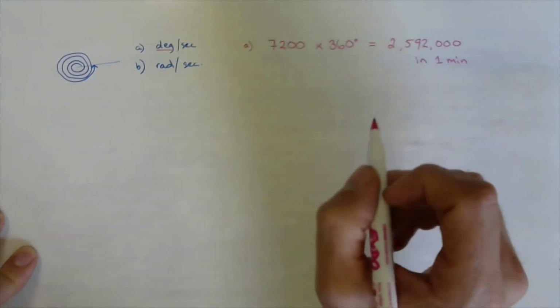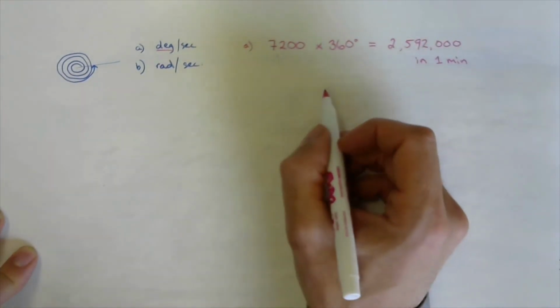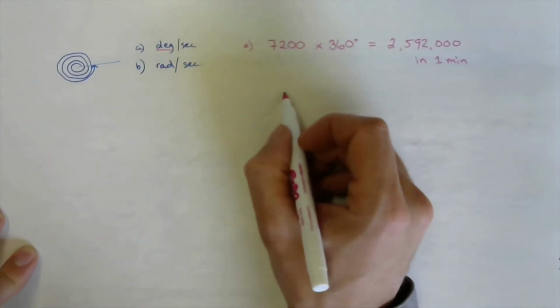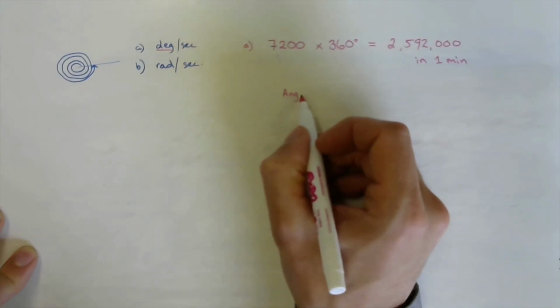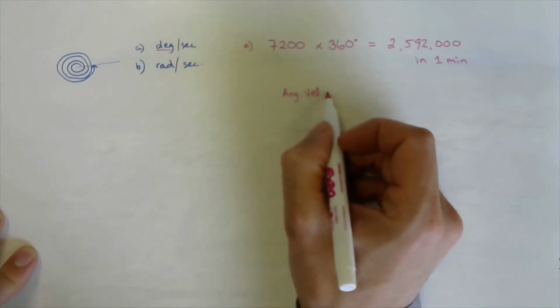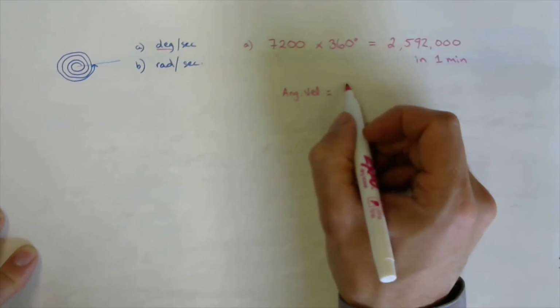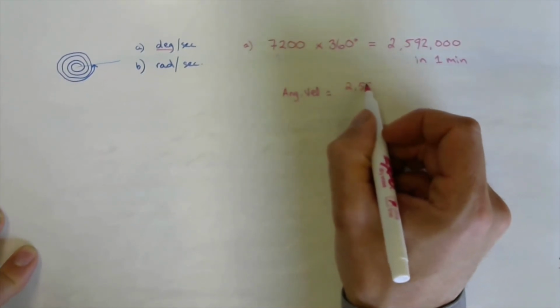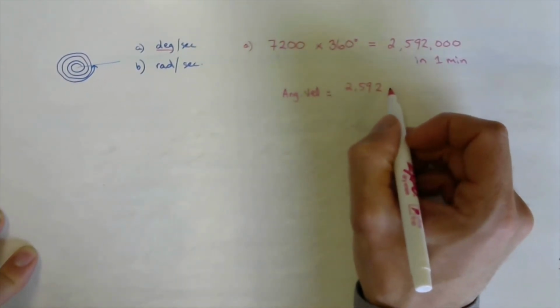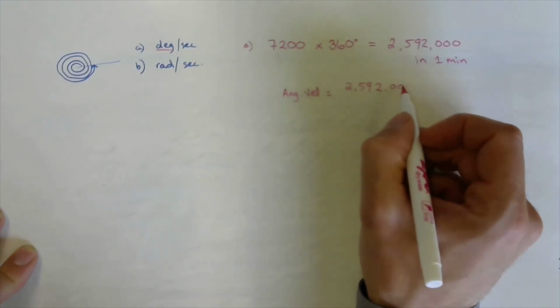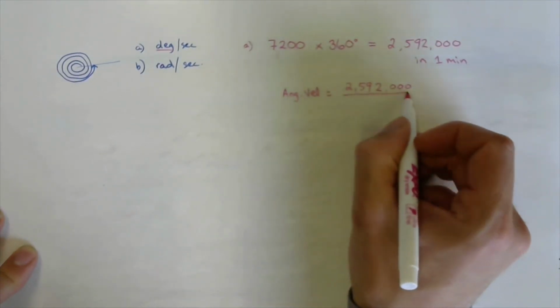So to get that per second, we need to take that, let's say, angular velocity equals this big number, 2,592,000 per minute.